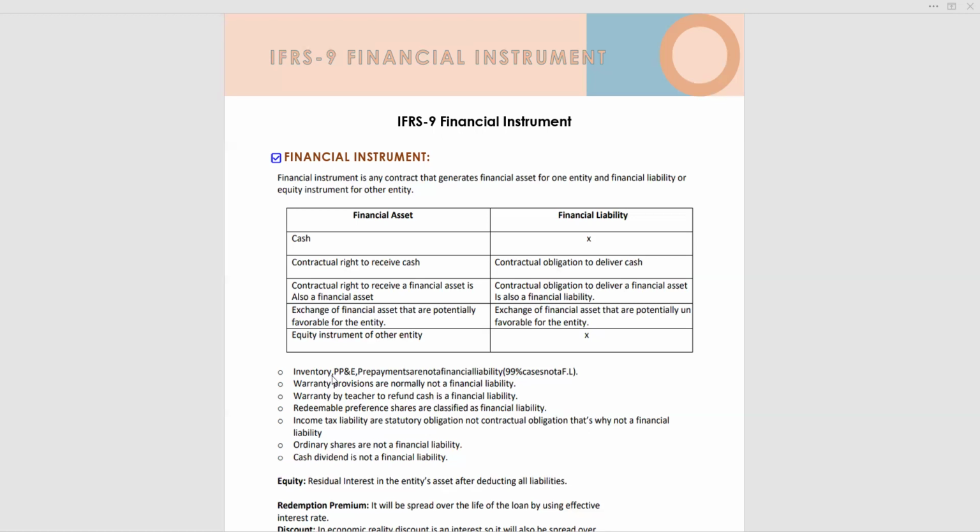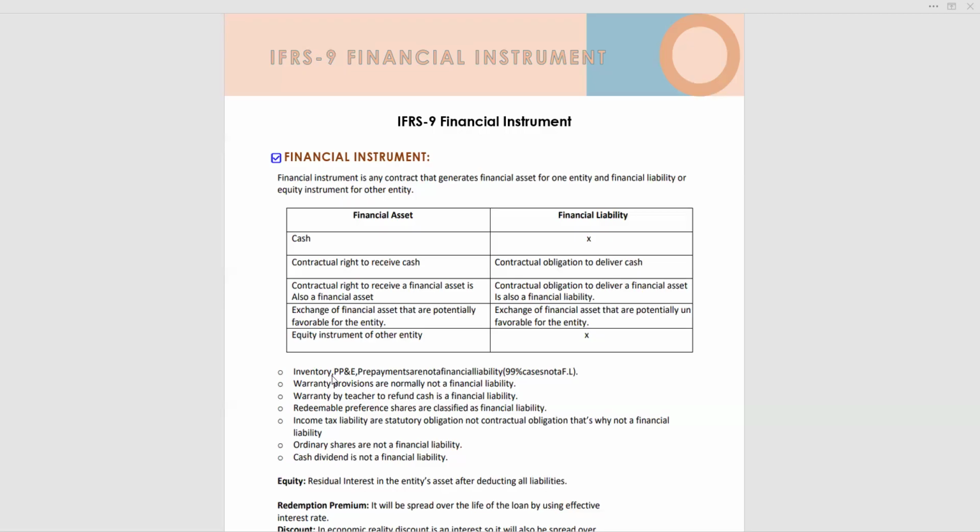Let's say there is a mutual fund and we as investors invest our amount into the mutual fund. The mutual fund will invest our funds on behalf of the investors in the stock market, and whenever the stock index goes up, we get some return. So there is an obligation on the mutual fund to repay or return our investment and return.